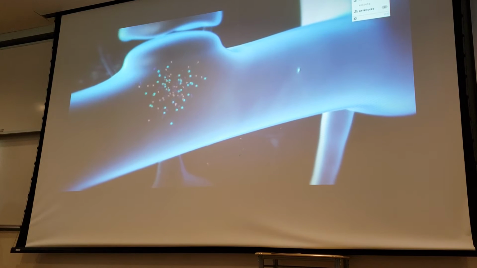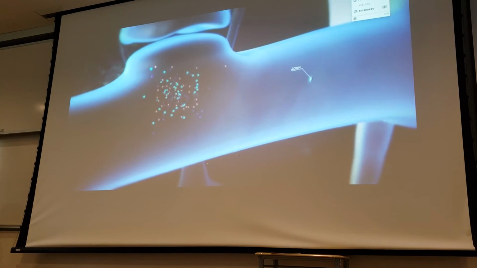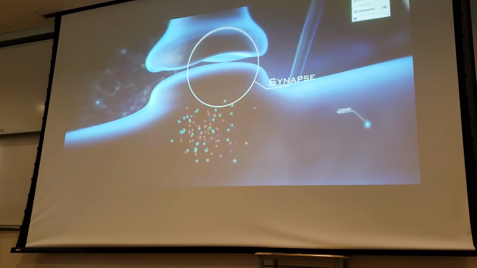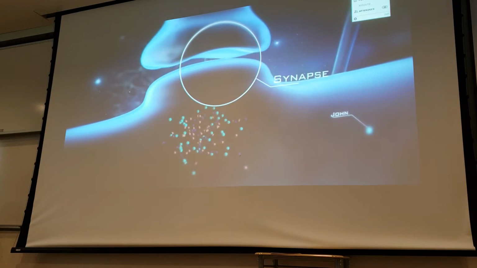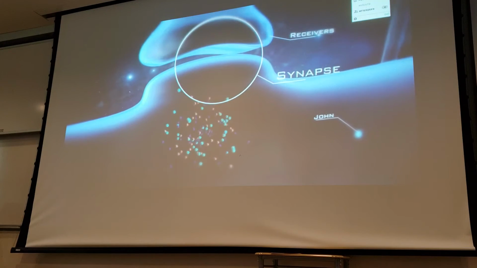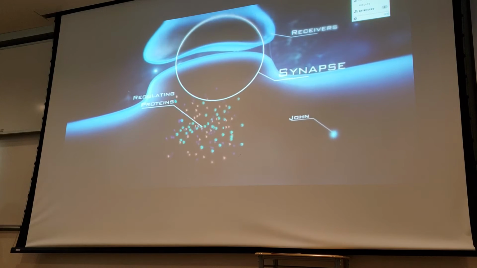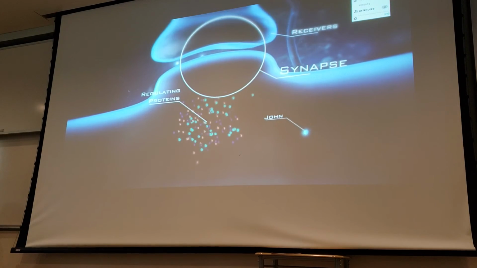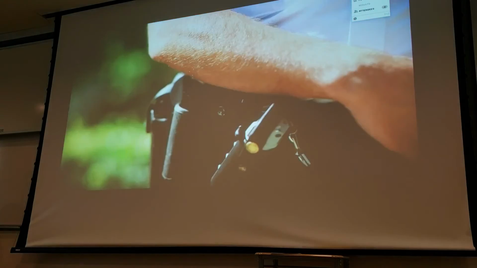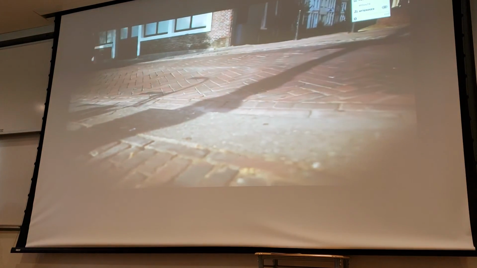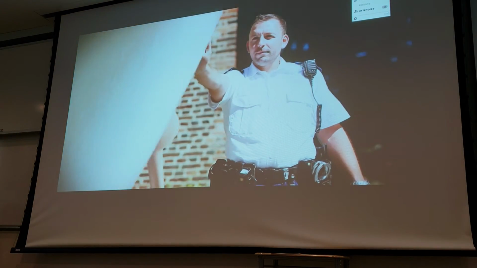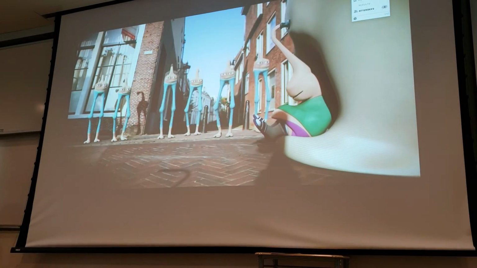Along the axon in which John travels, there are places called synapses. Here, the axon connects to receivers of the other cells. Regulating proteins call the shots here. This traffic police makes sure that all passing traffic gets to the right destination. If John's cargo is needed in this synapse, he will be stopped and myosins take over his load.